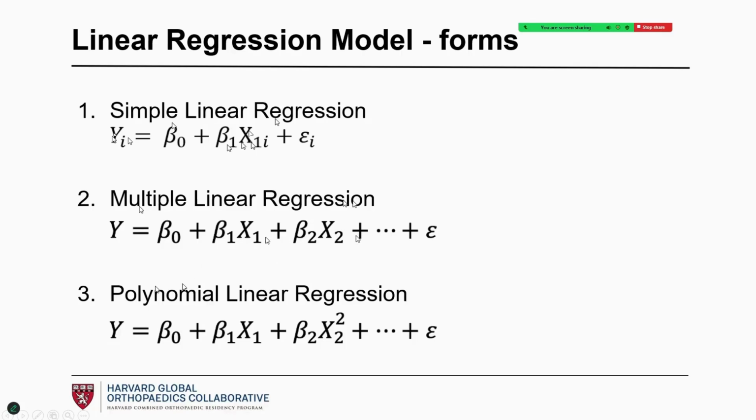We could also have polynomial linear regression, where for some of the variables, the relationship is not between, for example, the variable x2 and y, but it is between the squared x2 and y. There are multiple other forms, but for now, as a general presentation, this should be okay.